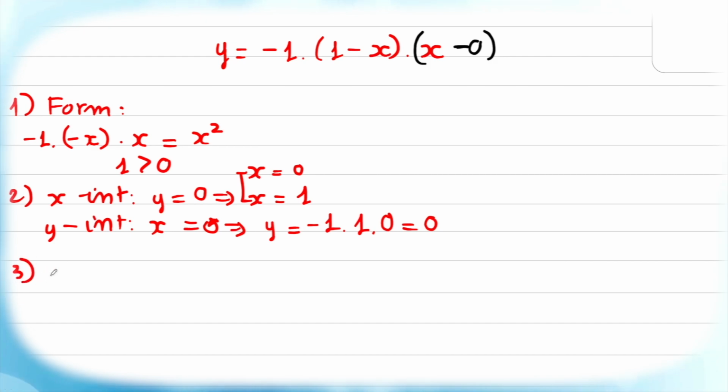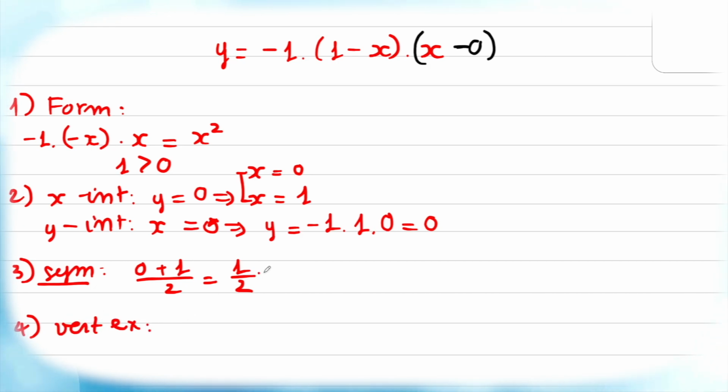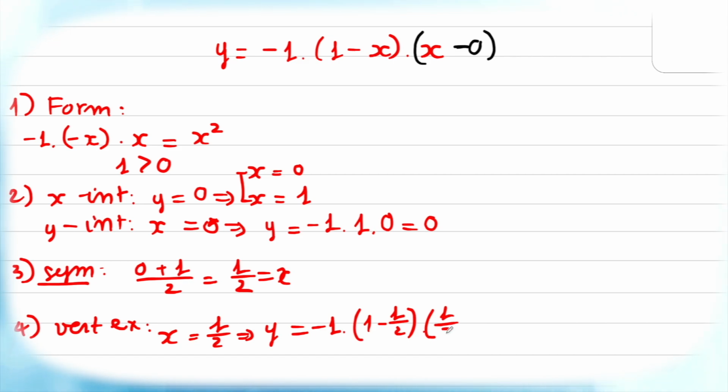And about 3, I can figure out the symmetrical line using the 2 points of the x-intercepts. Divide by 2, you got 1/2. And about 4, we can figure out the vertex by substituting x equal to 1/2 into the y function here. -1, 1 minus 1/2, and 1/2, so -1 here, 1/2 here, 1/2 here, -1/4.